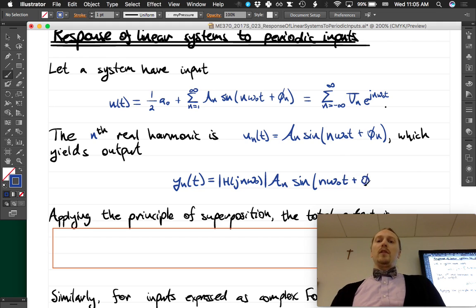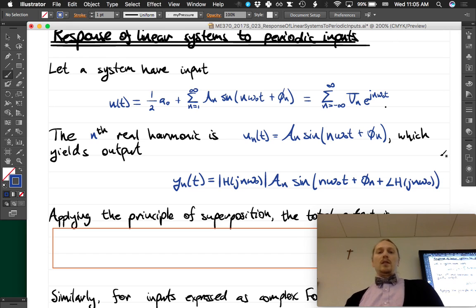The original phase is still in there, but then you add another phase to it, right? We could either call it psi, or I'll just write it as the phase, the angle of H of j n omega naught.